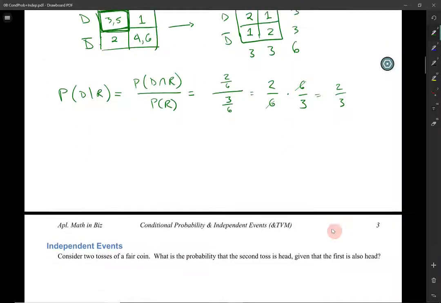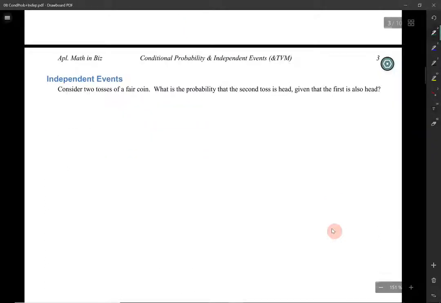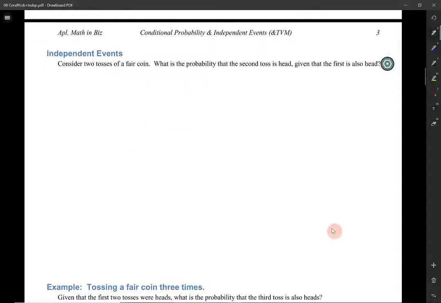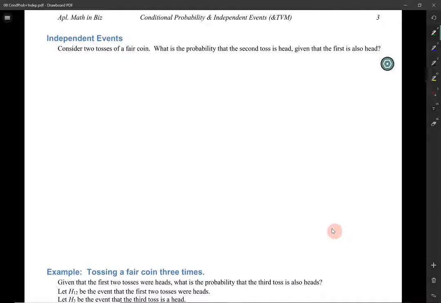Okay, so now we want to continue this type of analysis, but we want to look at another type of situation.